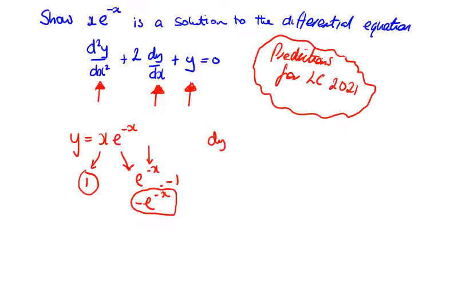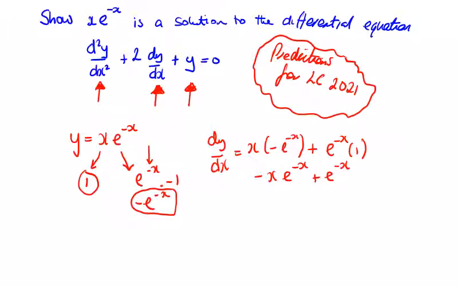So dy dx is equal to the first by the second differentiated, plus the second, which is e to the power minus x, by the first differentiated, which is 1. So we're going to get minus x e to the power minus x plus e to the power minus x.